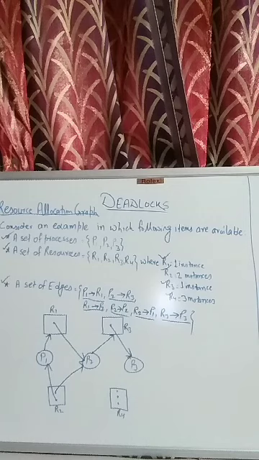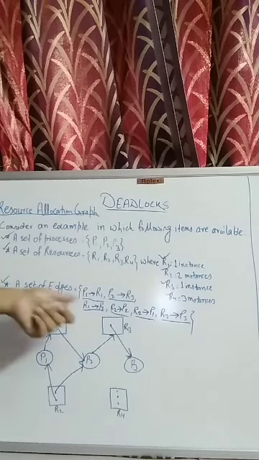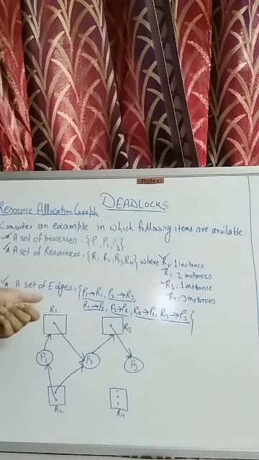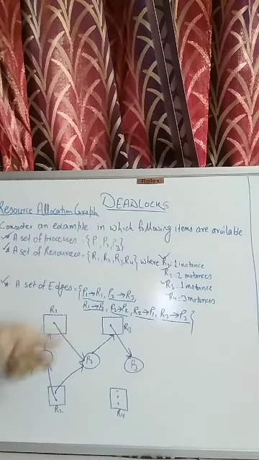So with the help of the snapshot taken, the state or status of edges in the system is as follows, and using this we connect process to resource and resource to process edge.